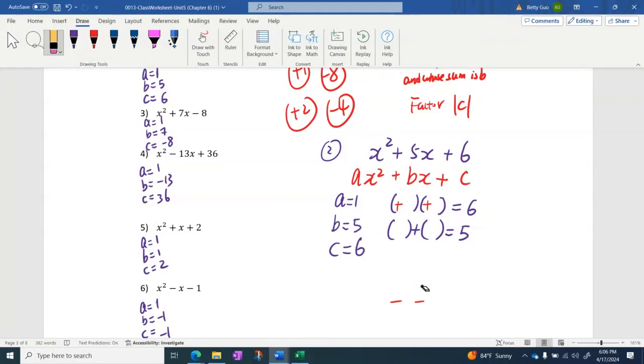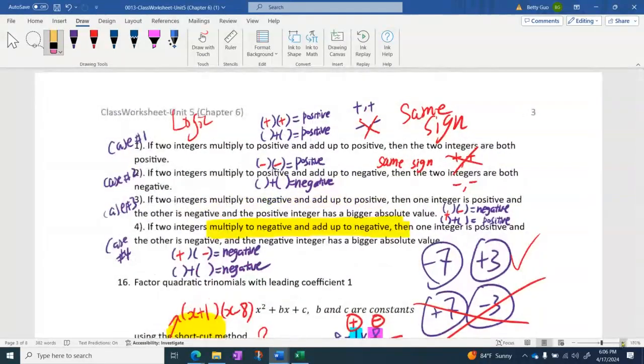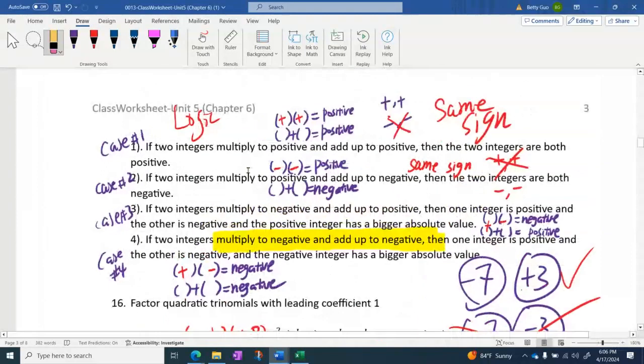If you look at your note, the four conclusions we went over on Monday, Case 1 corresponds to this question. Let me go back. Case 1 we learned on Monday: if two integers multiply to positive and add up to positive, then the two integers are both positive.